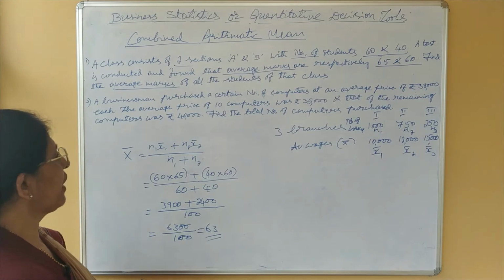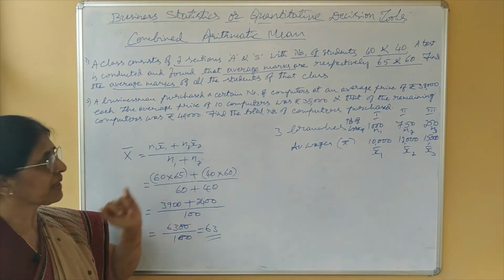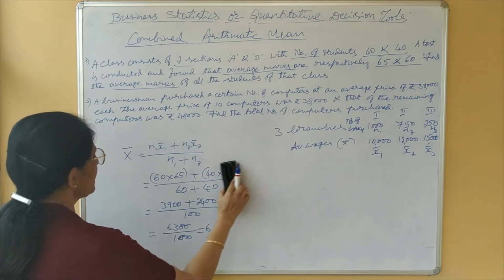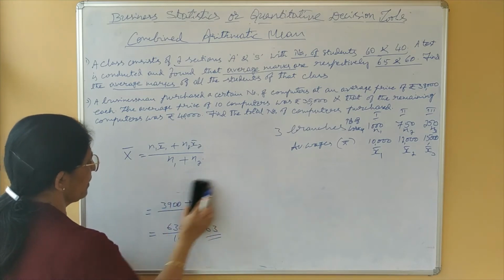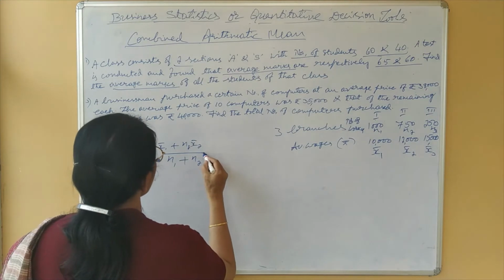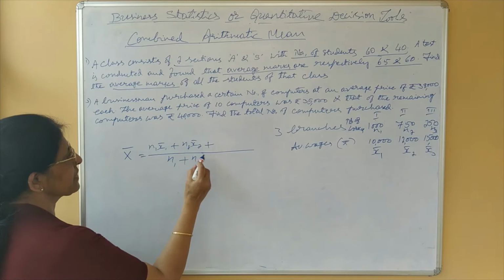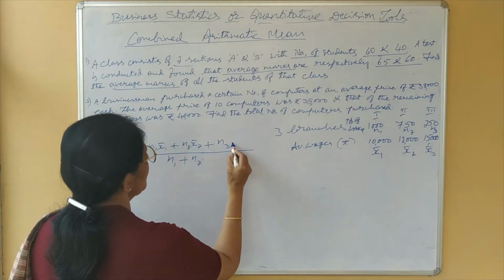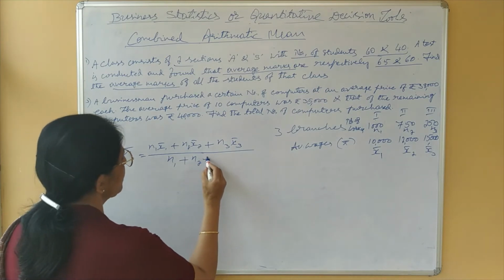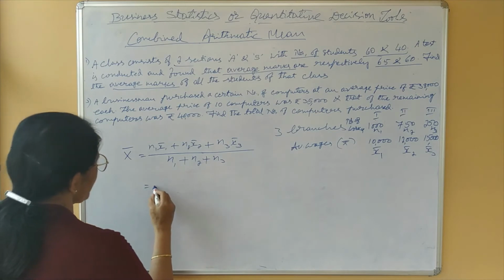Now we have to find the average wage of that factory as a whole. Here we have 3 series, so we have to extend the formula up to 3. That means N1 X bar 1 plus N2 X bar 2 plus N3 X bar 3 divided by N1 plus N2 plus N3.